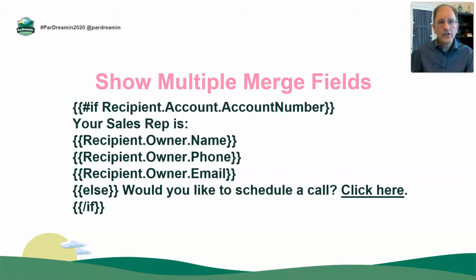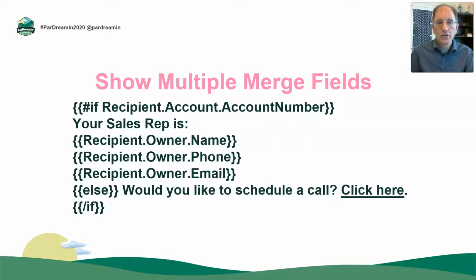So here's an example of showing multiple merge fields in a condition. And this one is a good one because, for example, if your recipient has an account number, then you could show their sales rep's name. So that might be the account owner in this case.